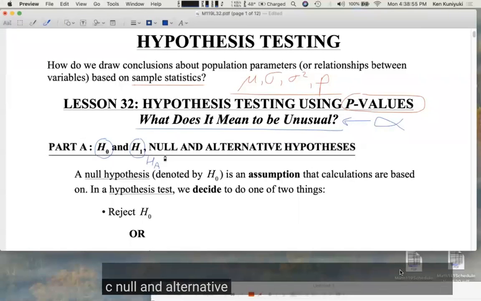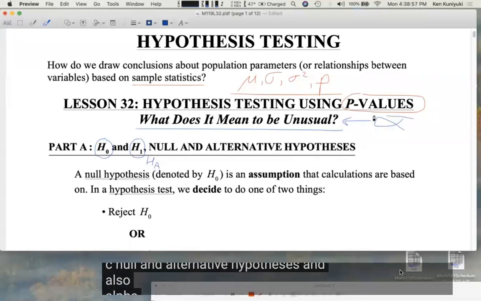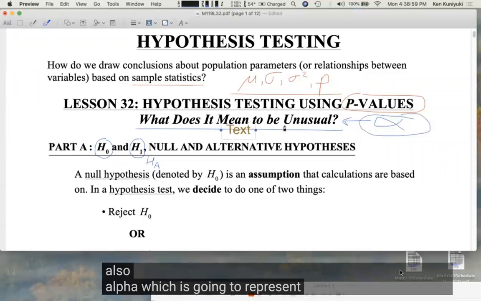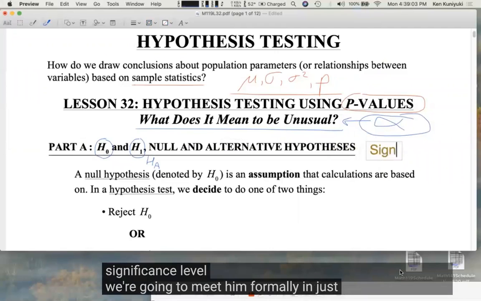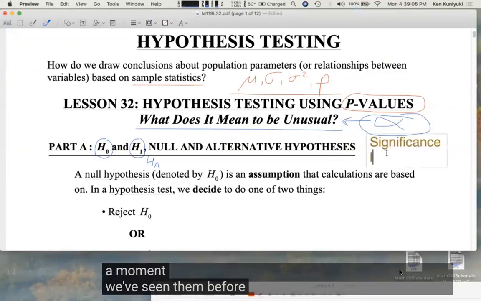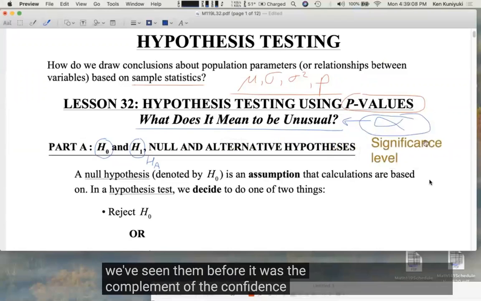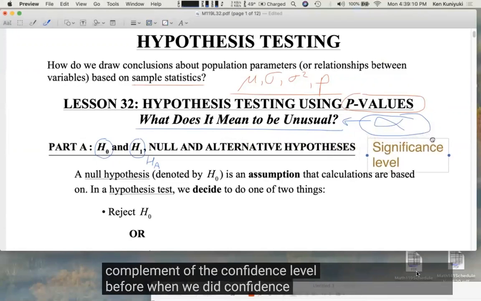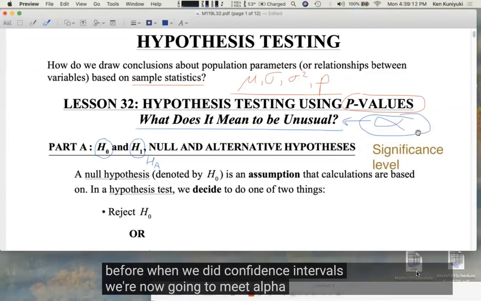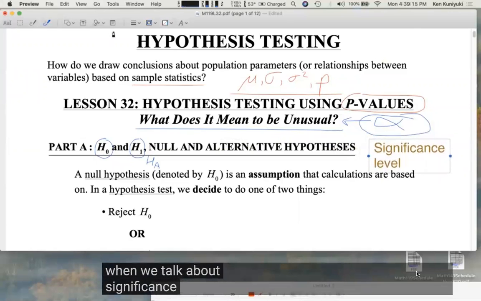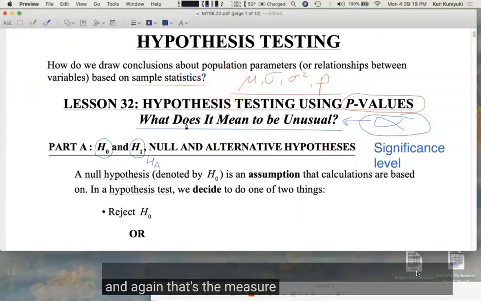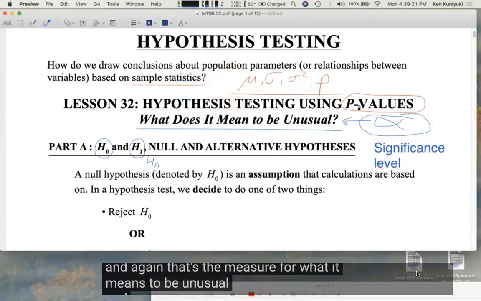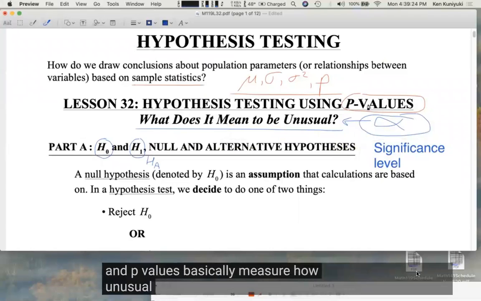Null and alternative hypotheses, and also alpha, which is going to represent the significance level. We've seen it before. It was the complement of the confidence level when we did confidence intervals. We're now going to meet alpha officially when we talk about significance level. And again, that's the measure for what it means to be unusual. And p-values basically measure how unusual sample data is under a null assumption.